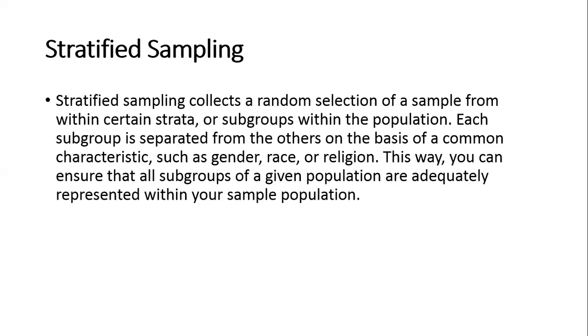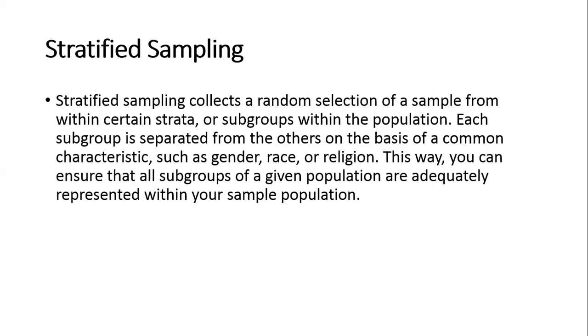But when you are talking about stratified sampling, you are using some common characteristics. Okay. For example, let's say you are using something like income group. Let's say you are doing an investigation and then you decide to use income group.